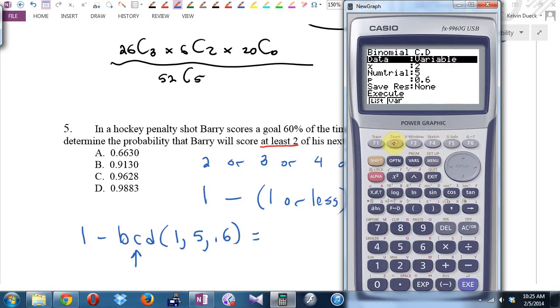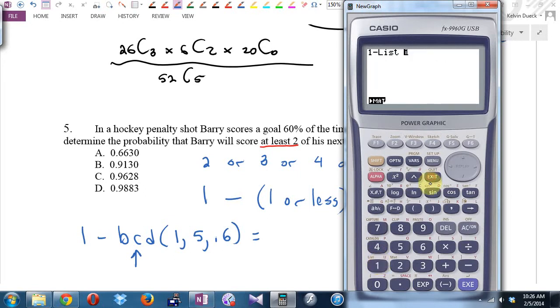Distribution, cumulative distribution, 1, 5 shots, 0.6, and then I've learned on my calculator, you folks, if you hit enter, it just stores that in your answer button. On mine, I have learned that I can go save result in list number 1, enter, and now when I go here, I can go 1, takeaway. I did this before, Mr. Dueck. Where's my list button? List 1.